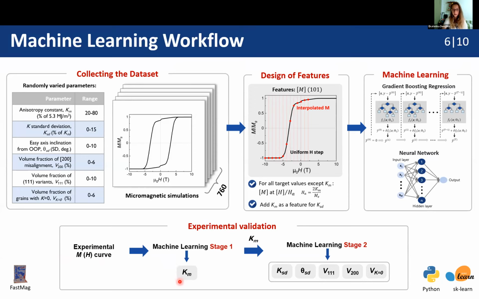After that, we can use these 6 parameters to include them in our micromagnetic model to simulate the hysteresis loop and compare the form of the loop with the experimental curve. And I will show you the results a bit later.